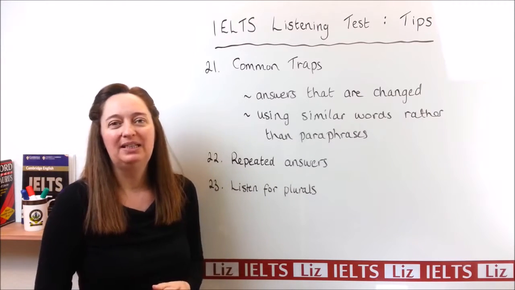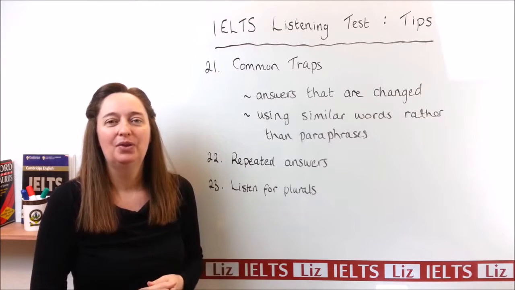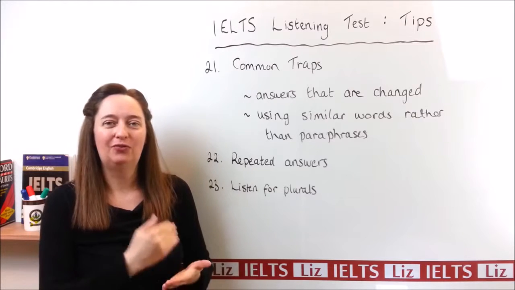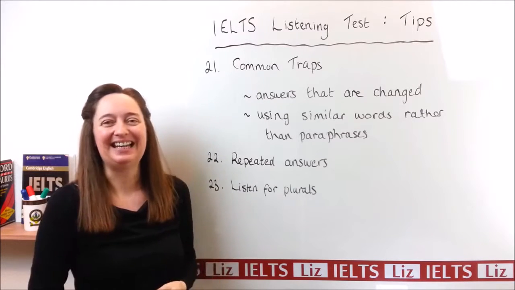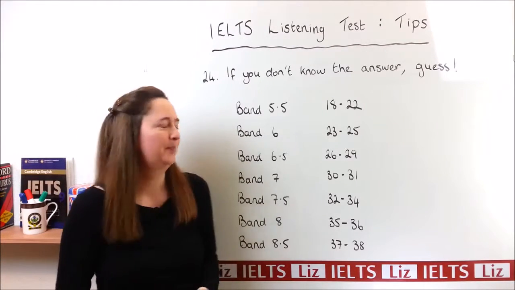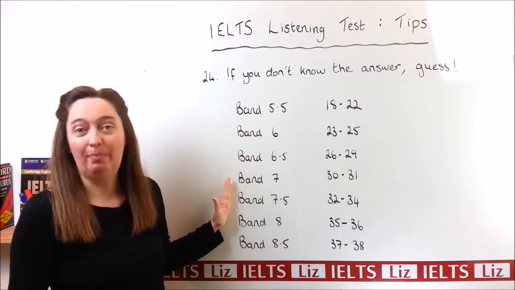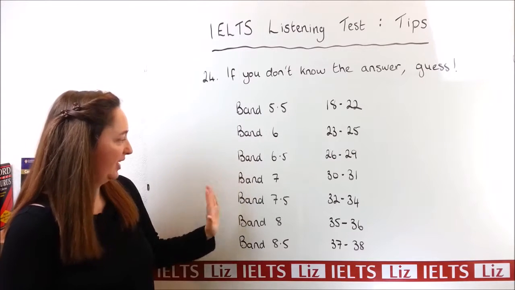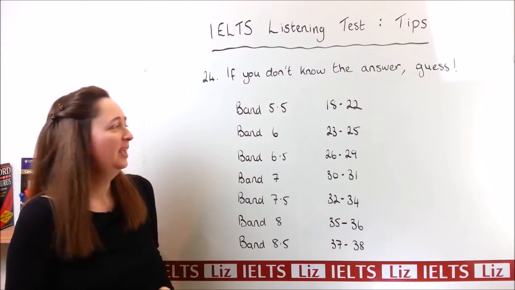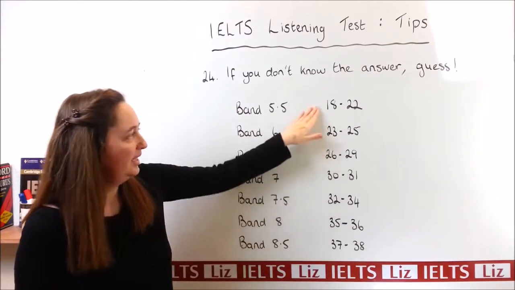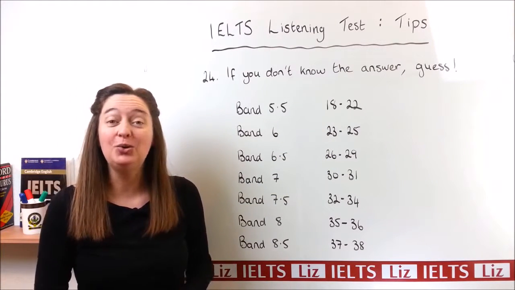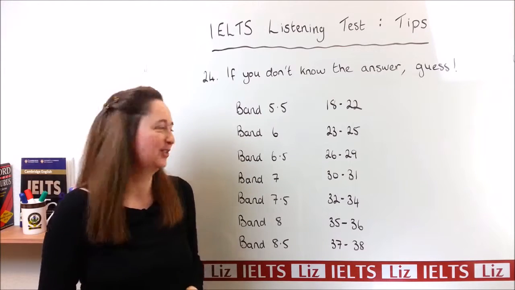Now it's time for me to give you a breakdown of the scoring, and I will give you the scores for band score 5, 6, 7 and 8. The scoring. Now you can see here we've got the band scores. You've got 5.5, 6.5, 7.5. And you can see here, these are the number of correct answers that you need to get the band score.